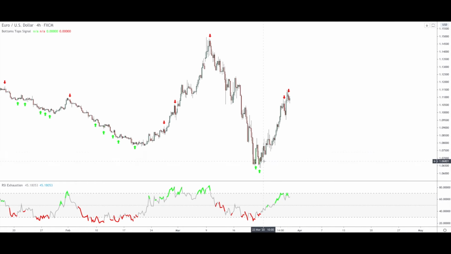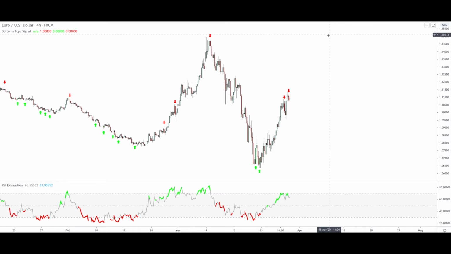So I'm expecting the euro dollar to move somewhere in between this high here and this low here for the next weeks or maybe months, I don't know, but probably the next weeks. So if this is going to be a top, and I believe this is a top, the pair should go down somewhere here and then probably up and then down and then up.